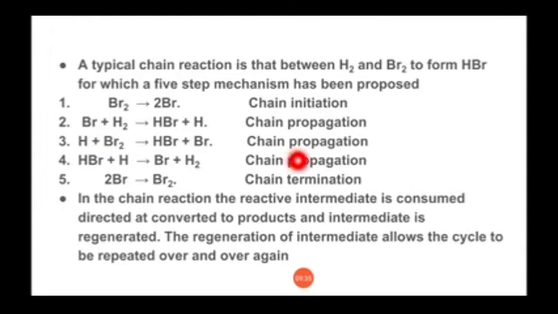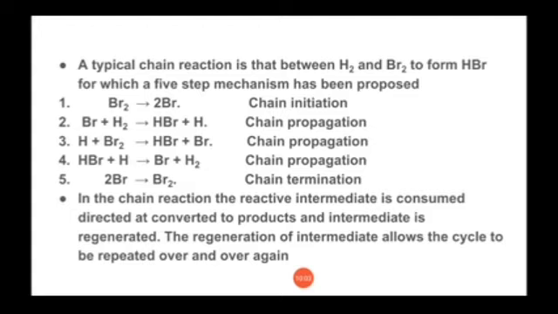Again it's a chain propagation step and the rate constant here is K4. And the last step: the Br atoms you are getting convert into Br2, and it's a chain termination step, with rate constant K5. Here K1, K2, K3, K4 and K5 are the rate constants for the different steps.